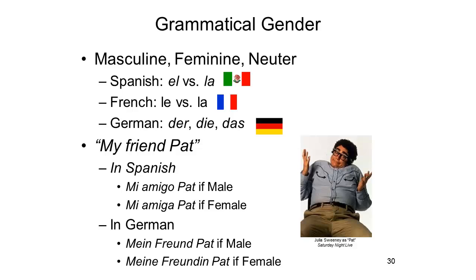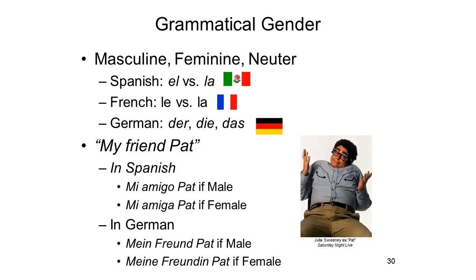One example is grammatical gender. Many languages, though not English, classify nouns by grammatical gender, masculine or feminine, and sometimes neuter. If I want to talk to someone about my friend Pat, I can just refer to my friend Pat, leaving it ambiguous whether Pat is male or female.